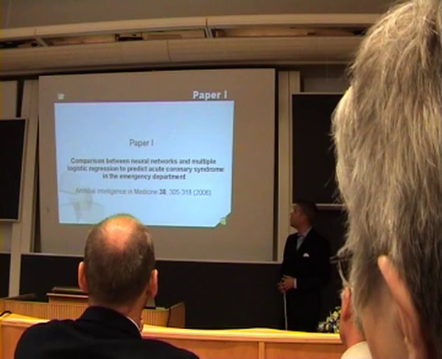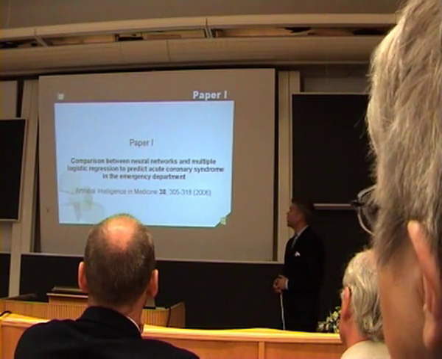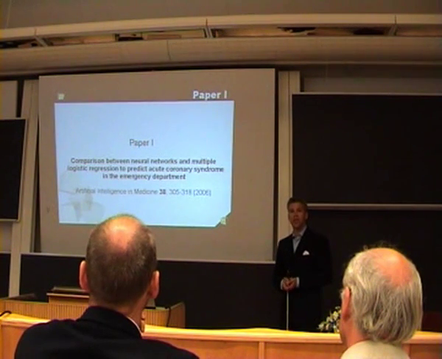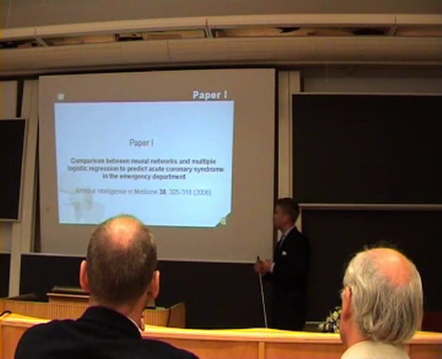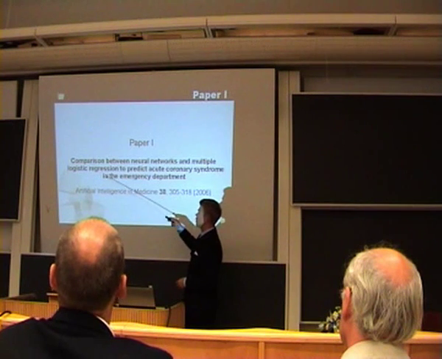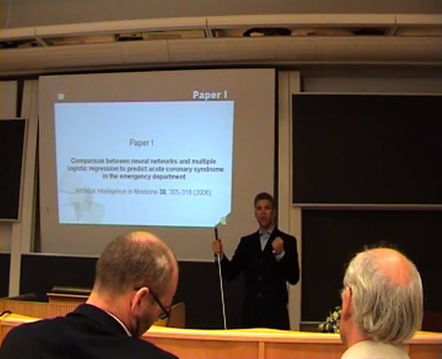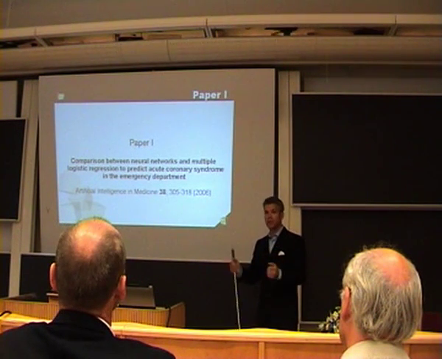The first paper was actually a proof of principle, where we wanted to see, can artificial neural networks actually be used to predict acute coronary syndromes in the clinics? And as well, we wanted to compare it with a more established statistical method called logistic regression. And we wanted to compare these guys to see how similar are they? Do they look at the same risk factors? Do they produce the same probabilities?